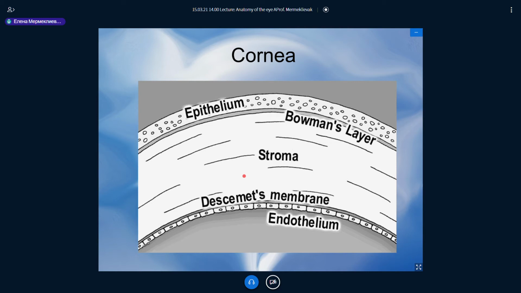That's why it is transparent. If more water comes into the stroma, it will become white and not transparent. The same happens when vessels from the conjunctiva go into the cornea in some diseases.